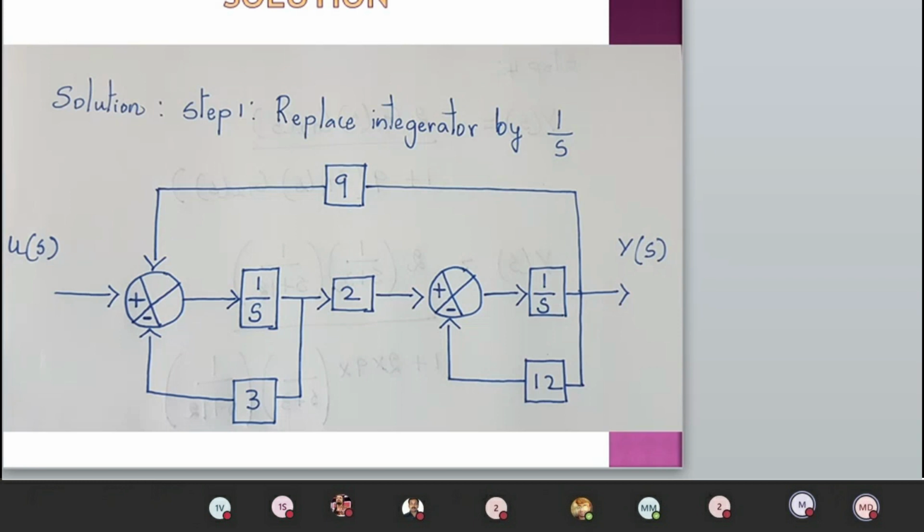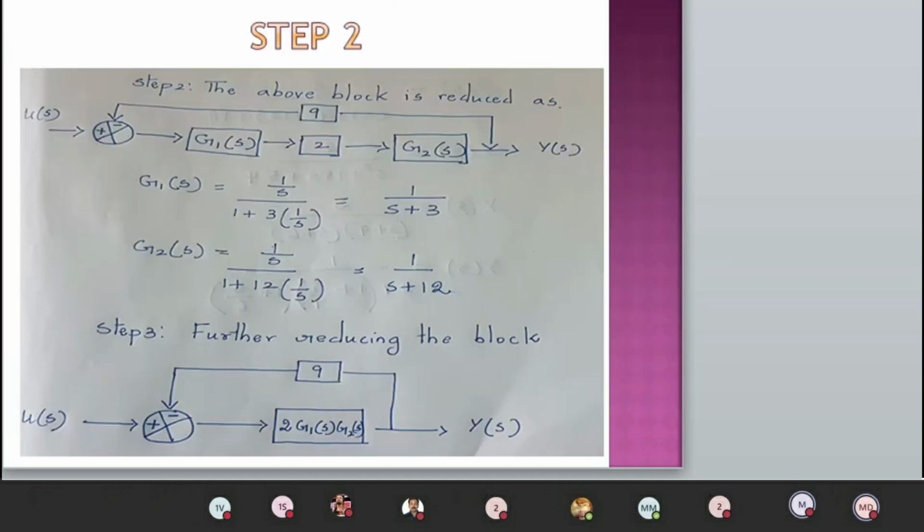Once you replace integrator by 1 by s, you can notice that you have two feedbacks, one with 3 and another with 12. But for the time being, don't consider the outer feedback with 9. Consider only these two feedbacks, 3 and 12. I took the first feedback as G1 of s and the second as G2 of s.